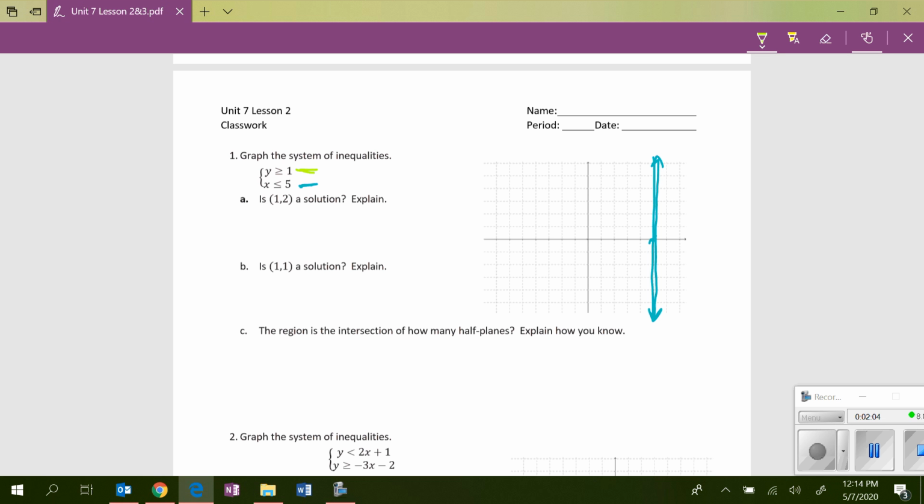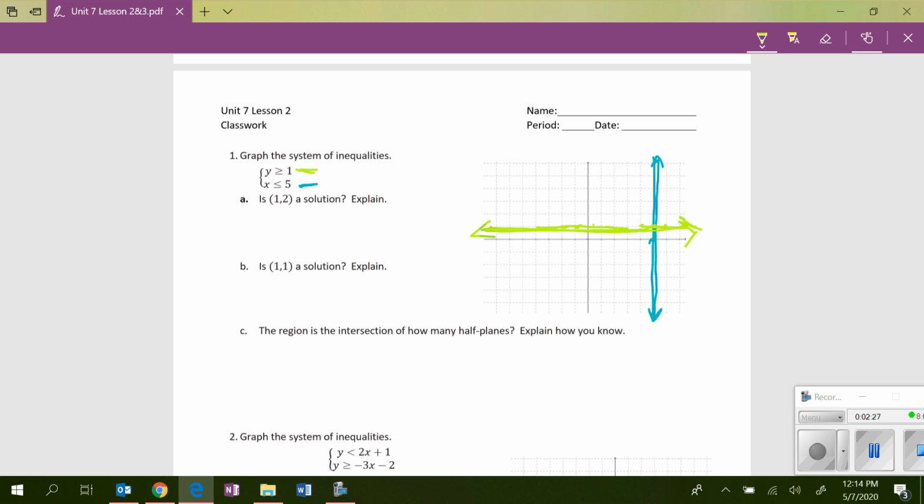y is greater than or equal to 1. That means I have a horizontal line going through my y-axis over here at 1. Now here's the thing. It's saying that we need to shade in because these are inequalities.